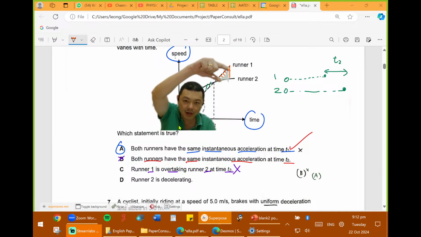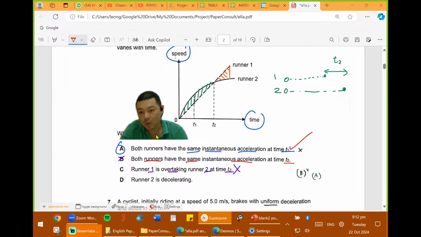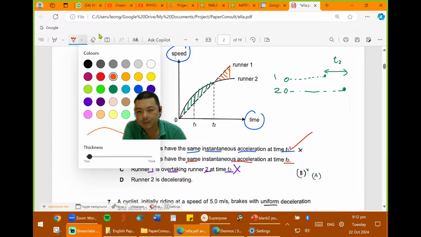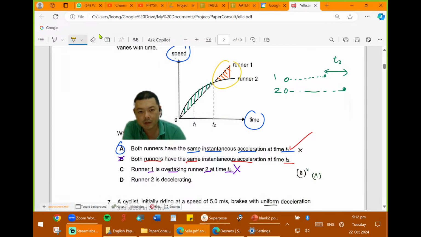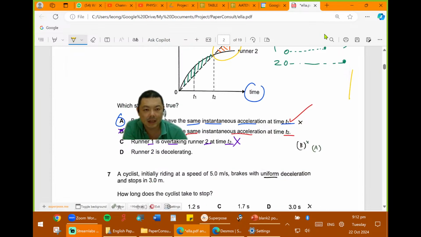So this orange area must be equal to the green area. Then we can say runner 1 has overtaken runner 2. When you want to overtake someone, you must meet the person at the same place at the same time. So he must have covered that extra distance after t2. You get that?